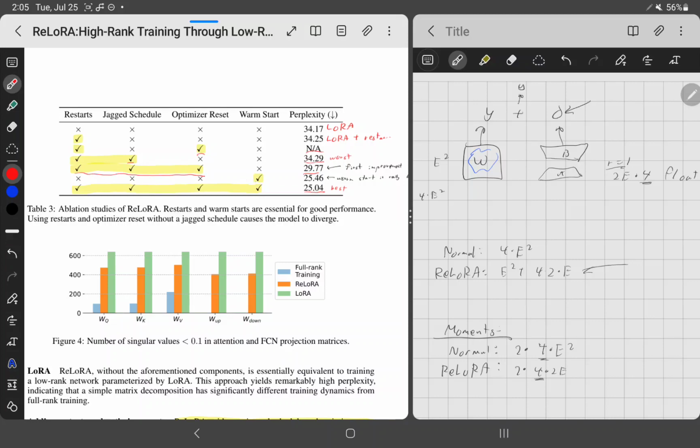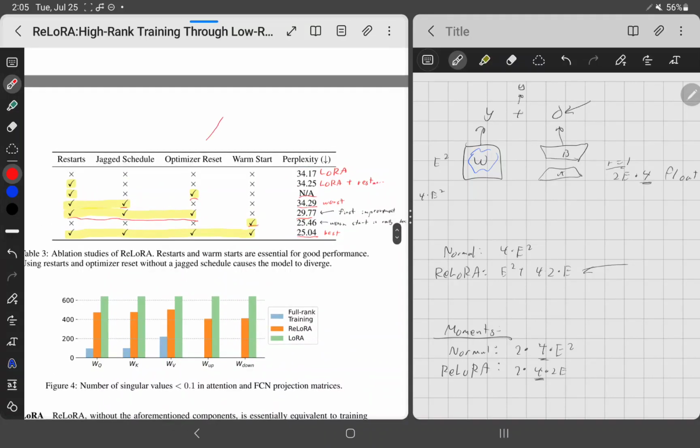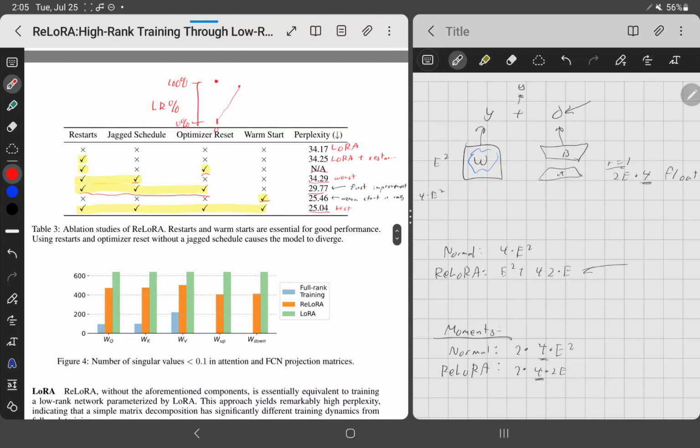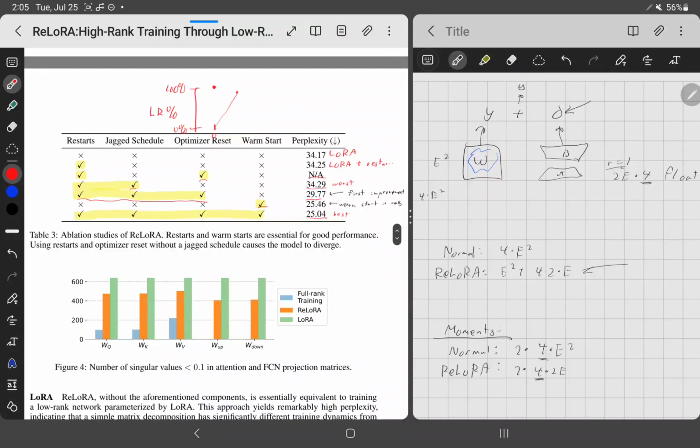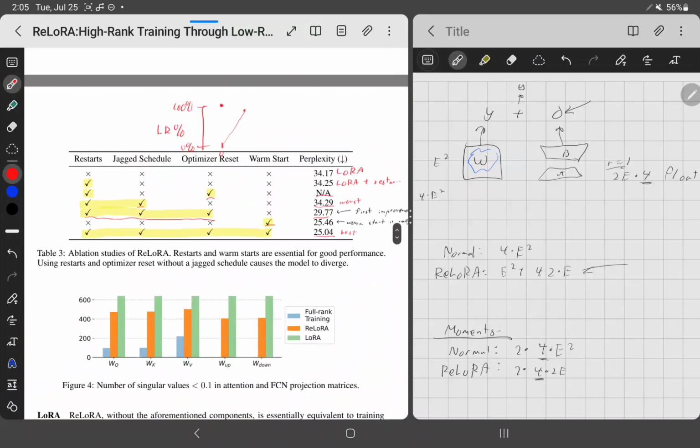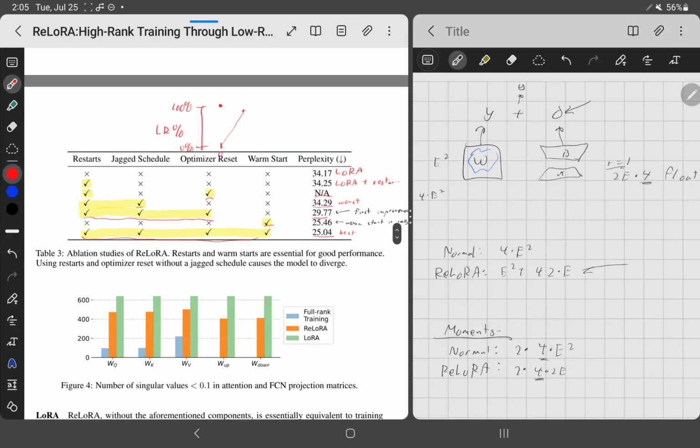And if you just have the warm start, so you don't even do restarts, instead of starting at 100% of the learning rate at epoch 0, you do a little warm start, and that's a lot better. So restarts and warm starts are essential for good performance, which is interesting.